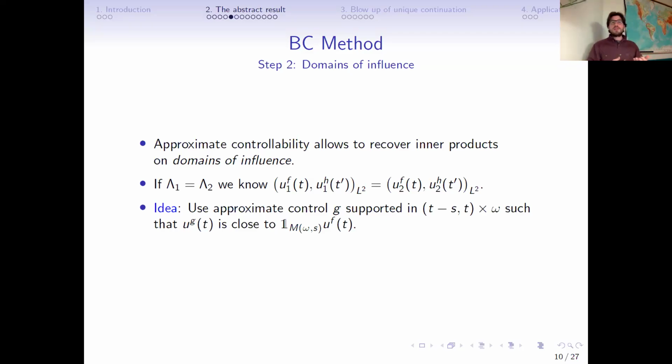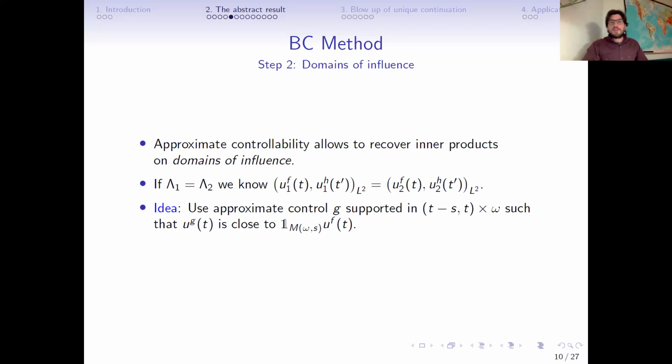So of course, if I can choose one of those sources in a way that my solution starts localizing somewhere, then in fact I'm almost done, at least for recovering the two different solutions.